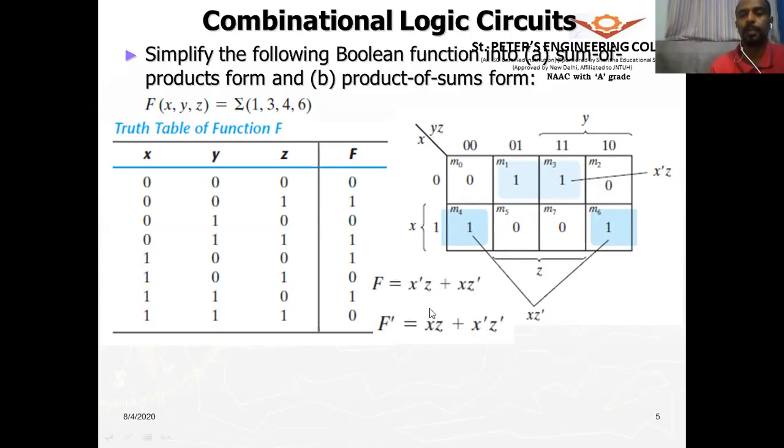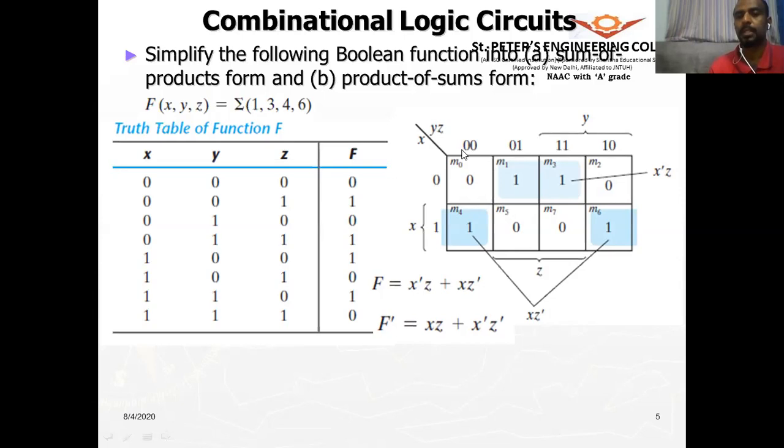We want to find the POS form. So POS form is again obtained by grouping the zeros. So these 2 are grouped and these 2 are grouped. When we group these 2 zeros, what is changing here?